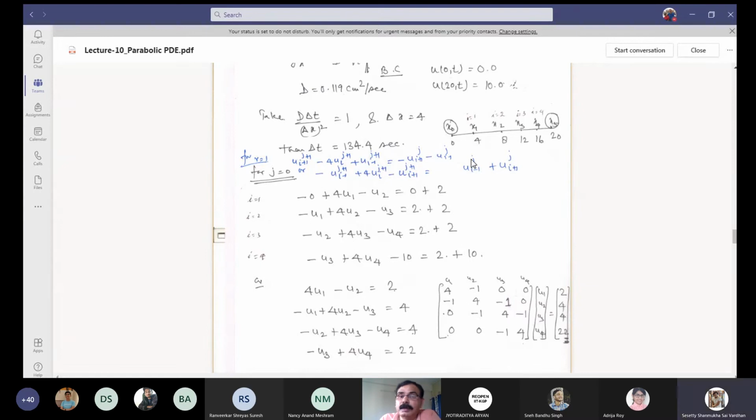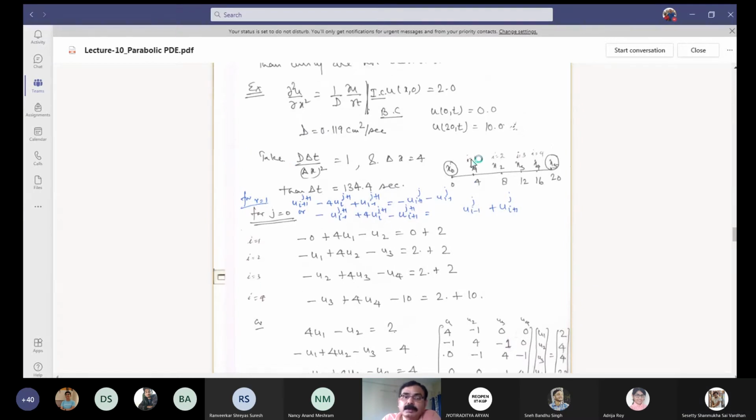So which value you have to take? Initial condition is your 2, boundary condition is your 0 at that point. So then we'll take the average of these two. So it will be 0 plus 2 divided by 2, that is 1. So this has to be replaced by 1. Write down this correction, otherwise you'll forget that.